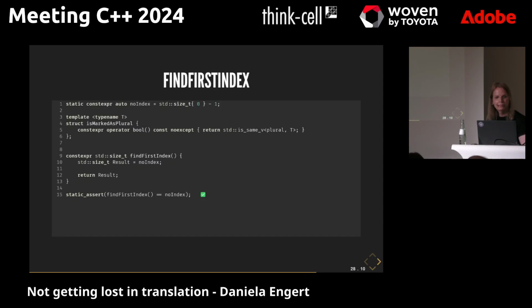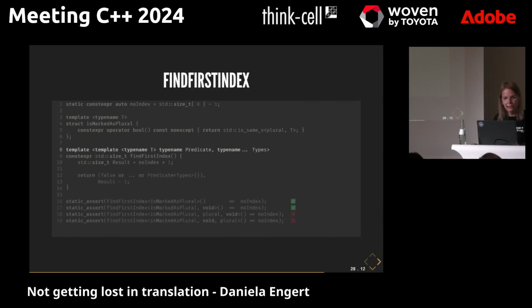Easy first step: if I find nothing, if I supply nothing, I return no index. Unit test 1, green. Next one, a little modification, nothing changed, still green. Now I give the predicate and the type list.